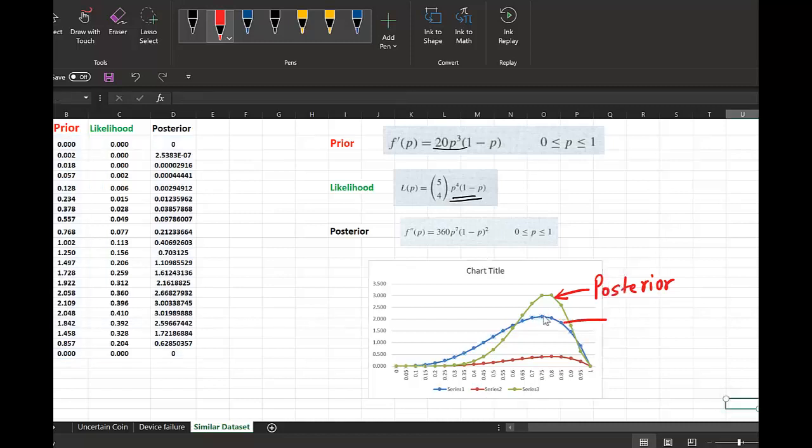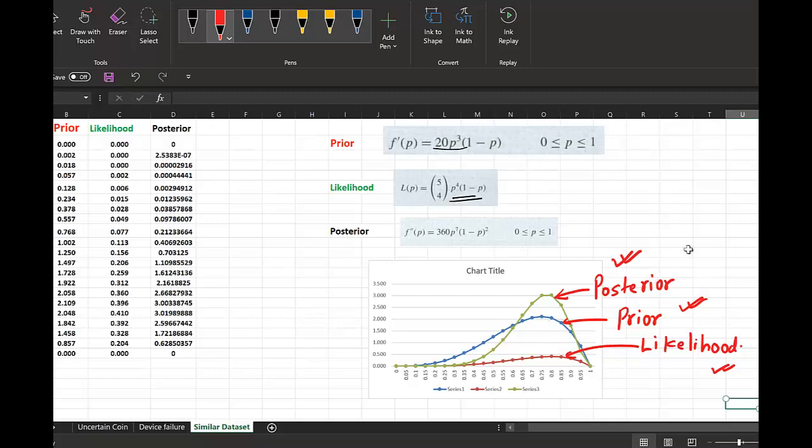The blue one is the prior, and the red one is the likelihood function. You see, my posterior distribution is sharper than the prior distribution as well as the likelihood function. This is because we are incorporating the data into the analysis, and that's why the posterior distribution becomes sharp.